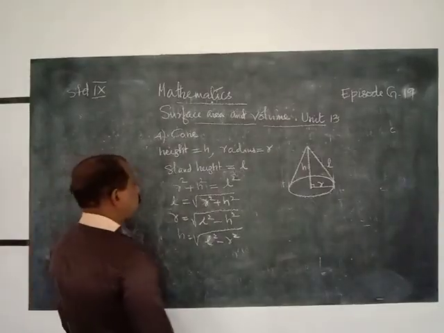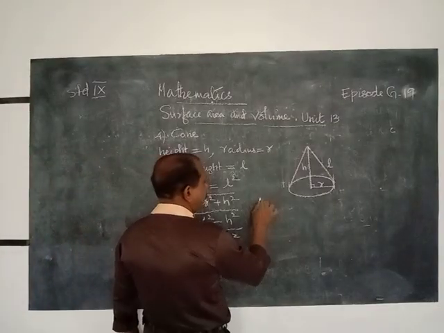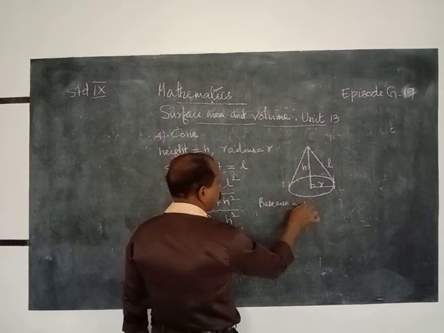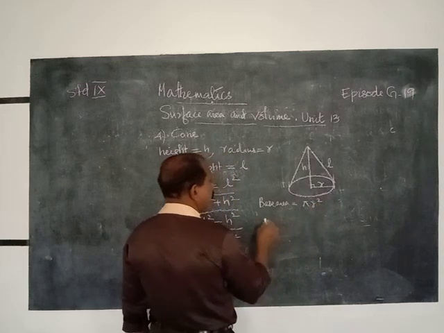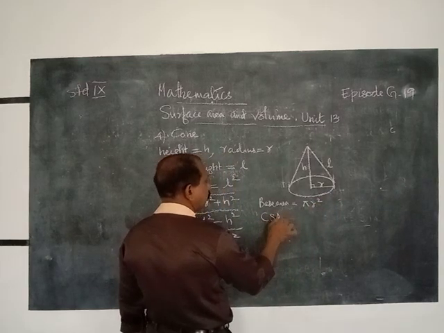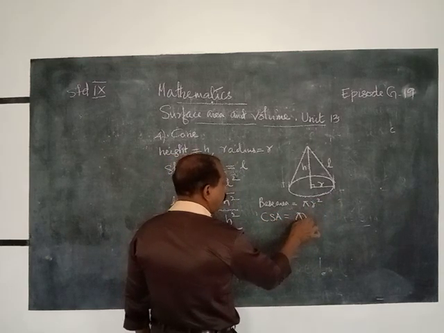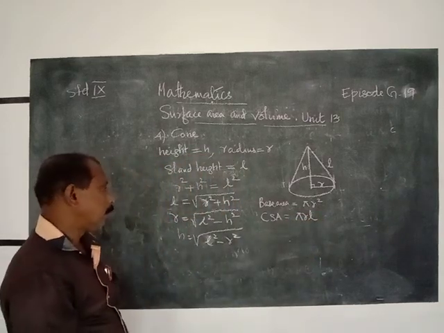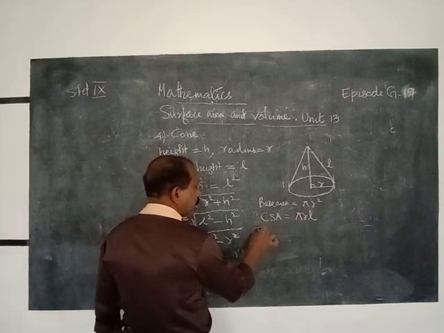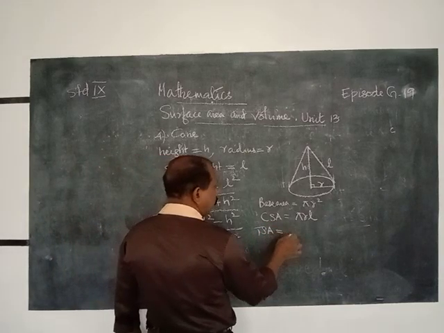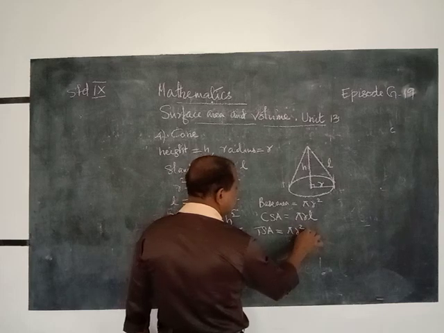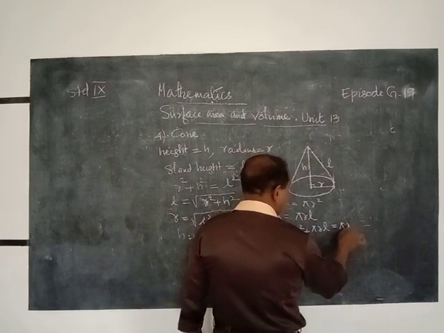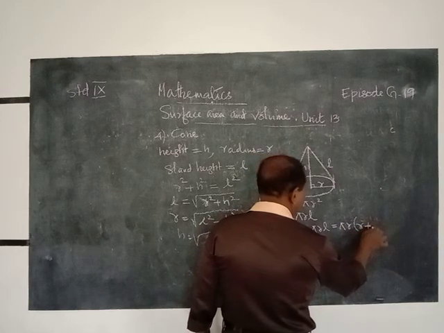Then let us consider base area, is equal to pi r square. Curved surface area is equal to pi r l. That is the curved surface area of the cone. Then total surface area, pi r square plus pi r l is equal to pi r into r plus l.